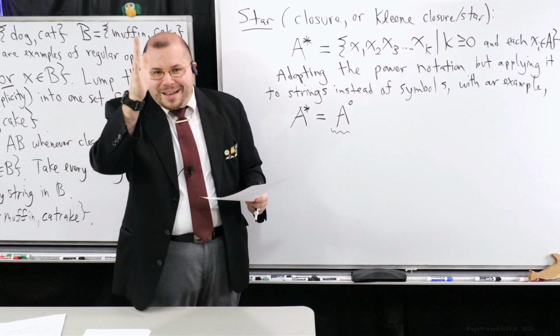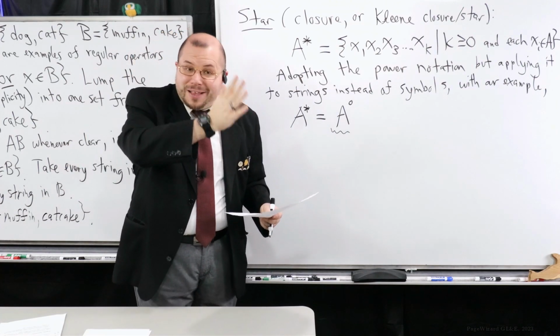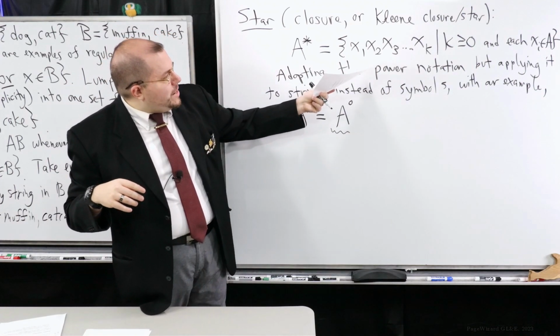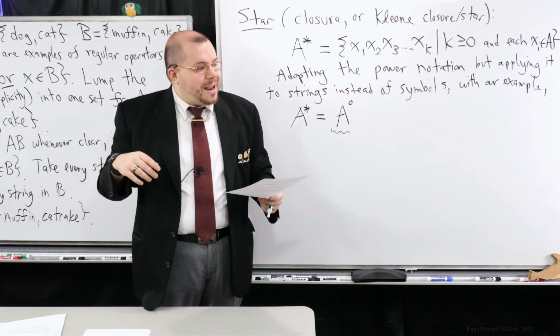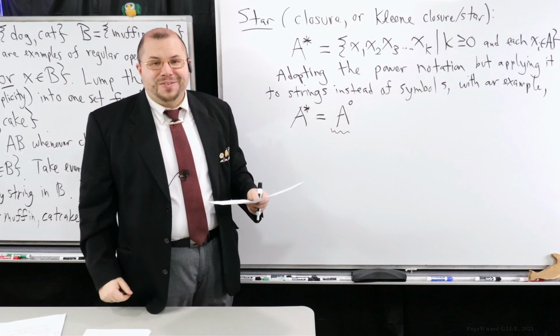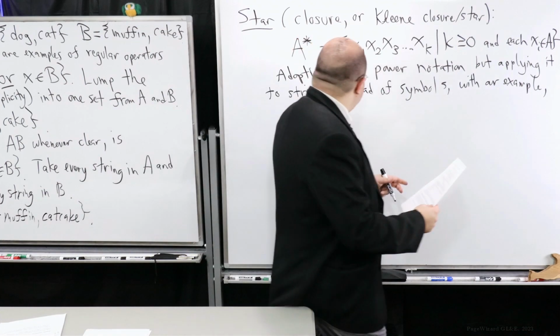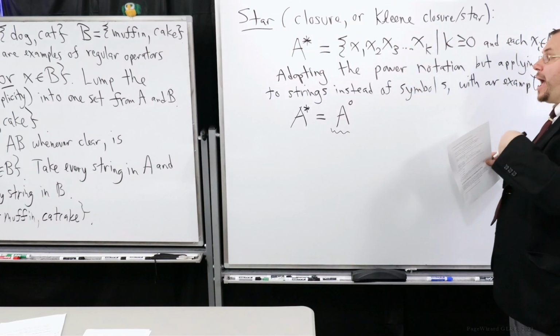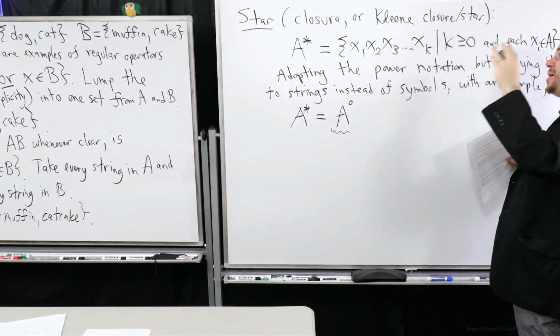All the ones of length 0, then all the ones of length 1, all the ones of length 2, all the ones of length 3, and so on. But now notice that when I write x1, x2, x3, all the way up to xk, we're picking out strings from the language, right? So now, instead of thinking about strings of length, we're taking how many of the strings from the language.